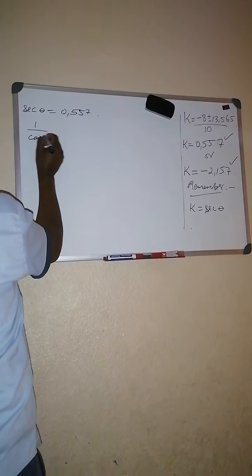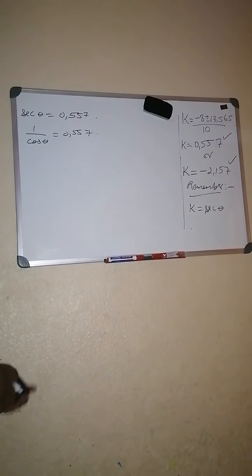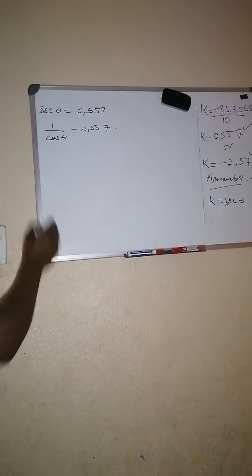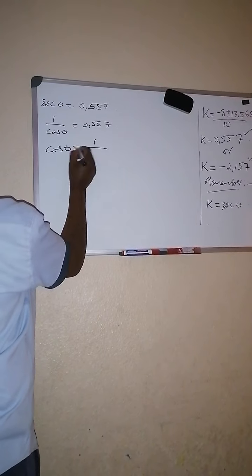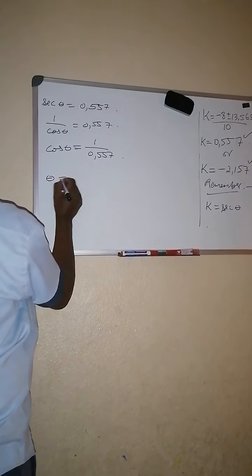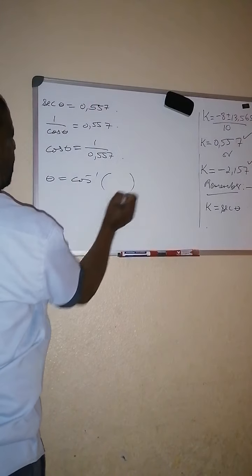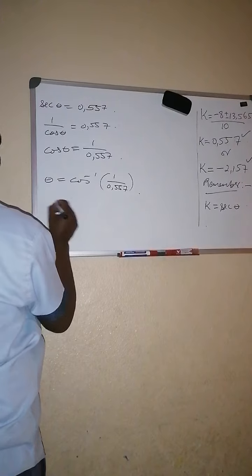Now I can simplify and make life simple by saying 1 over cos theta equals 0.557, where the cos of theta will be 1 over 0.557, where theta will be arc cos 1 over 0.557.